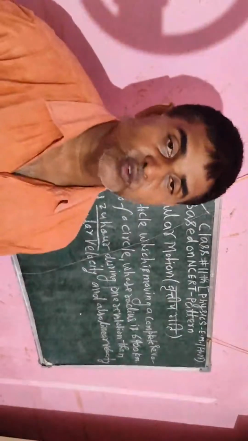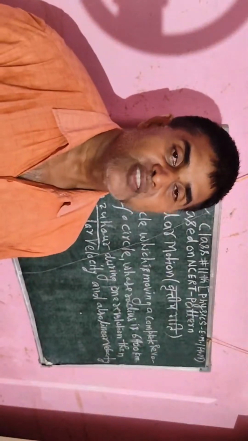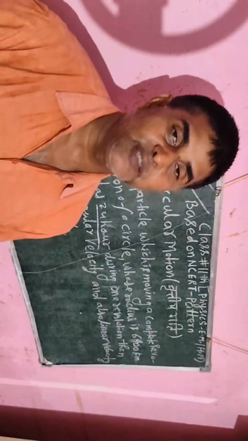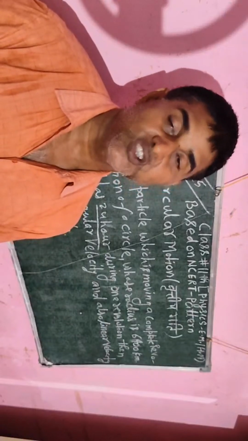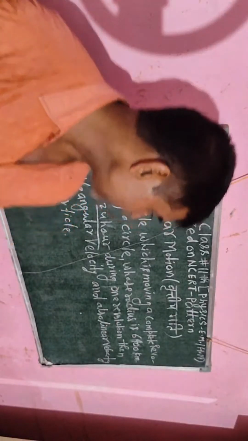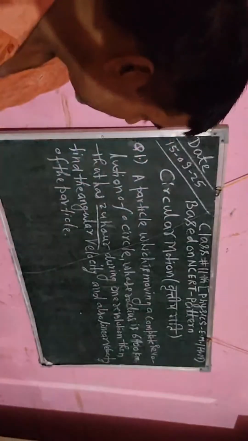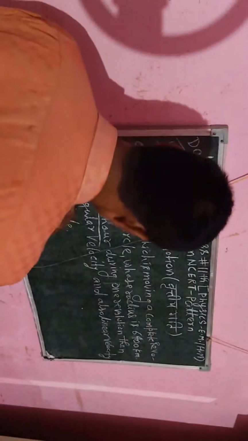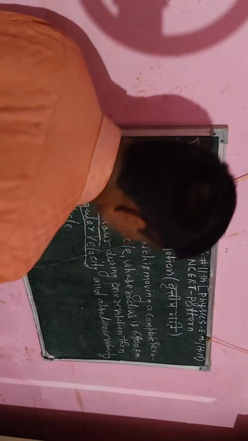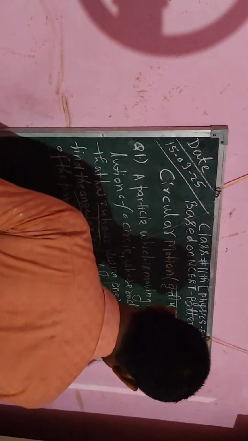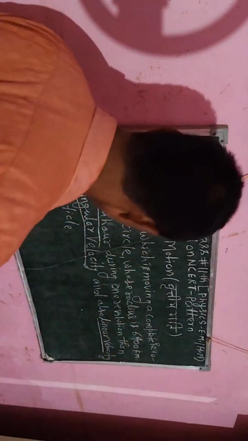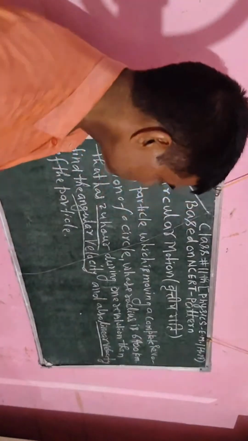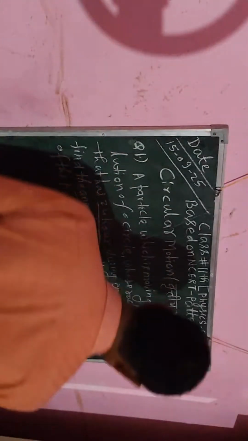The radius of that circle is given as 6400 kilometer. So we have to find the value of angular velocity and also the value of linear velocity of that particle. So I have to give its solution properly.